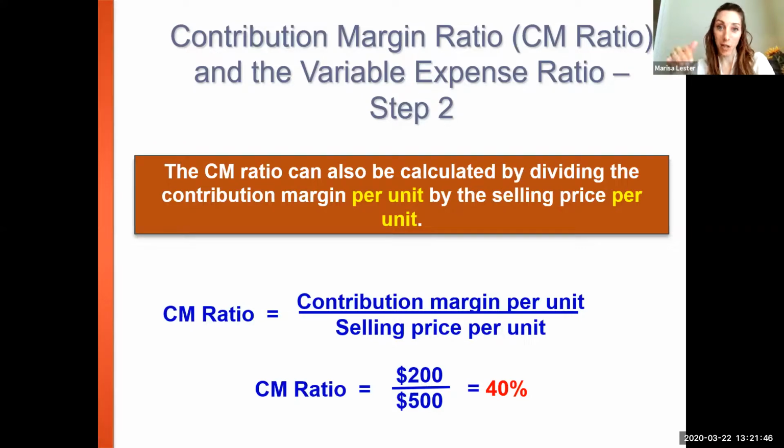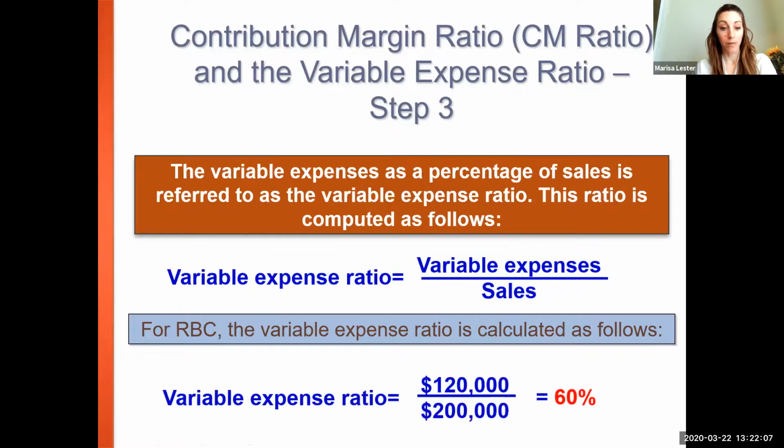I multiply contribution margin per unit times quantity. You're multiplying them all by Q, right? So the ratio will not change. So for RBC, my contribution margin per unit, I'm making $200 per unit divided by my sales price per unit equals 40%. So I get the same calculation there.